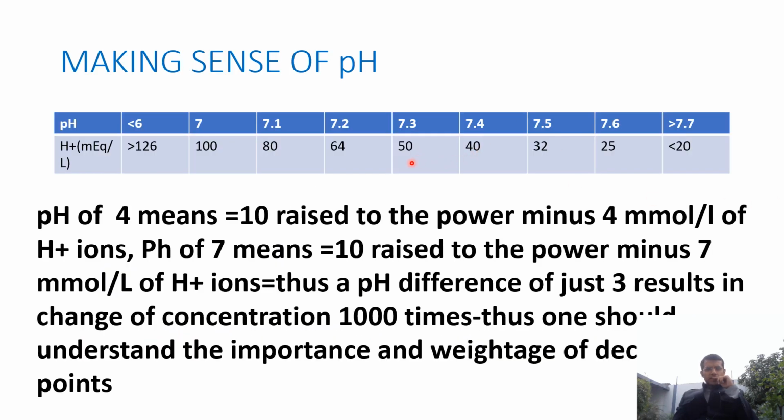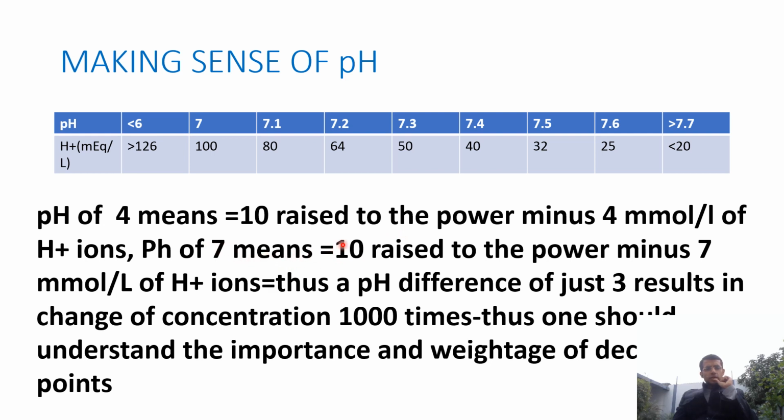Making sense of pH. The human body is in equilibrium because of pH, and this is the value we have to maintain, 7.35 to 7.45, or more precisely, 7.4. And 7.4 indicates a hydrogen ion concentration of 40 nanomoles per liter.